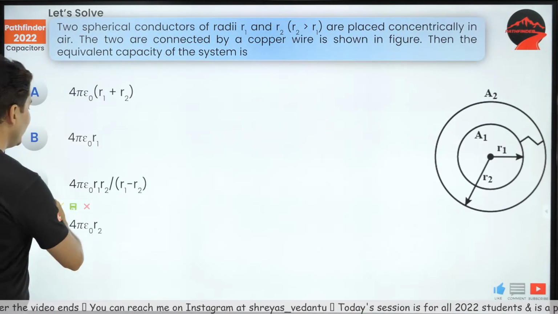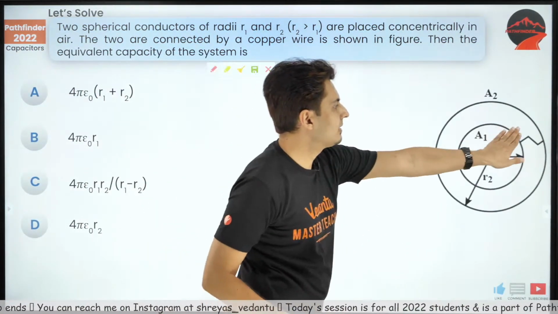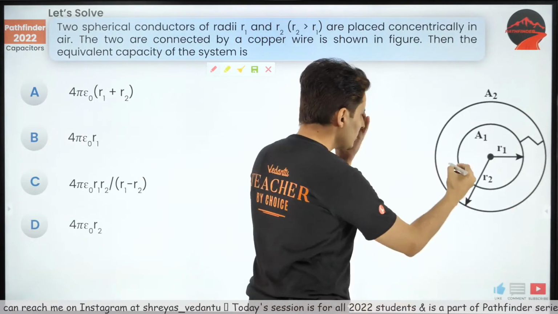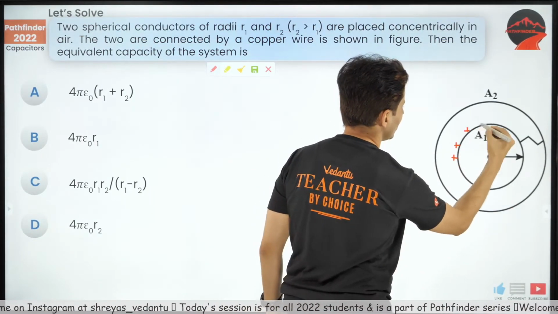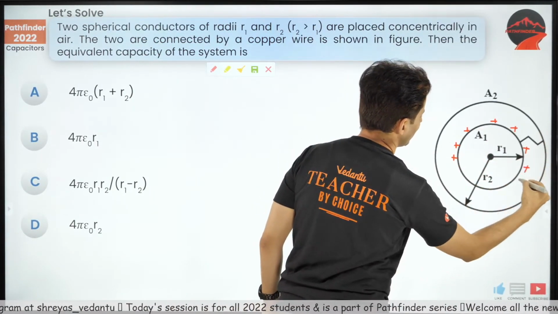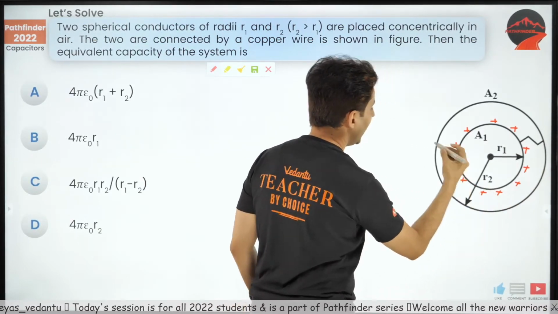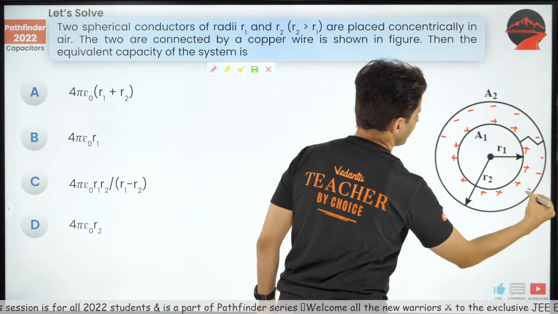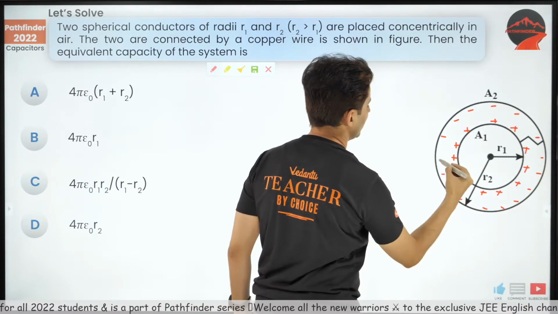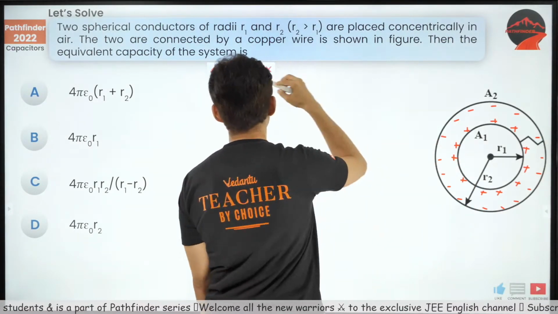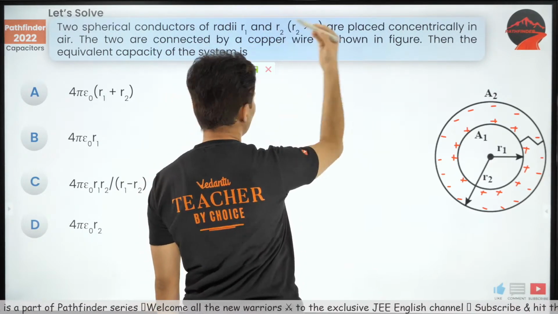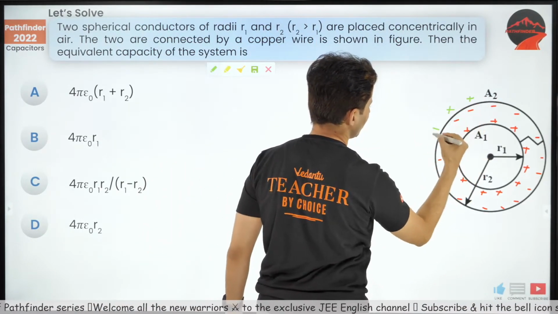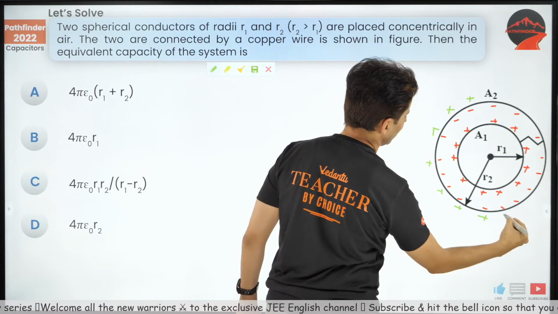See, when they were not connected, forget that the wire was there. There could be a positive charge here and an equal amount of negative charge on the inner surface. And maybe there is some other charge on the outer side.